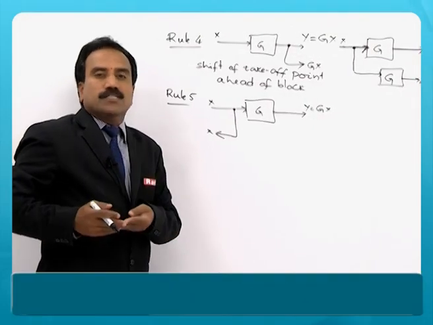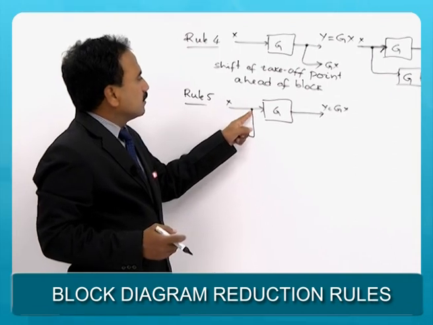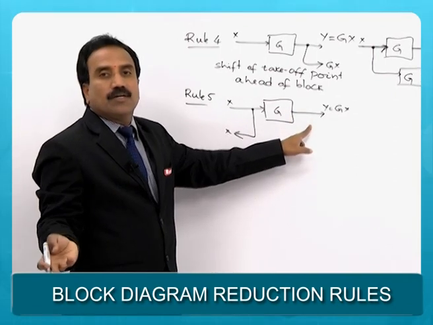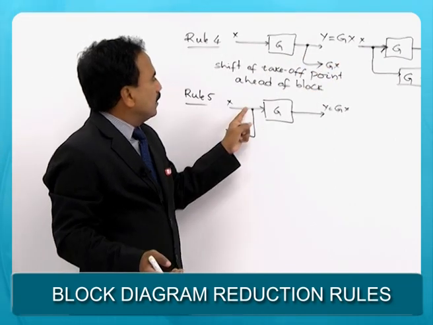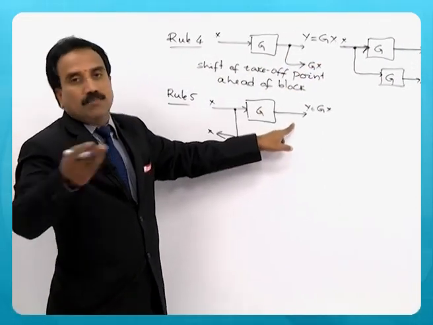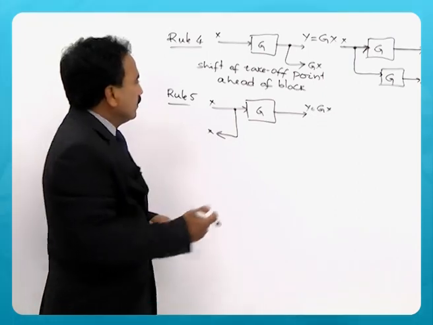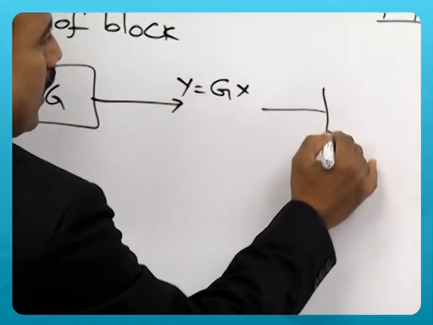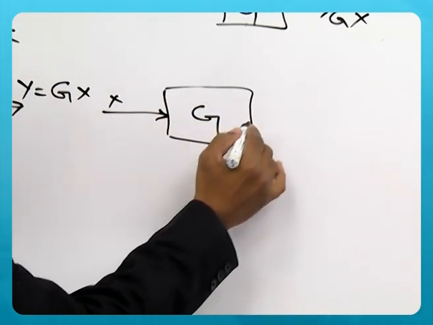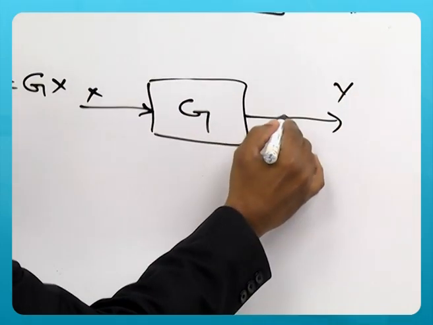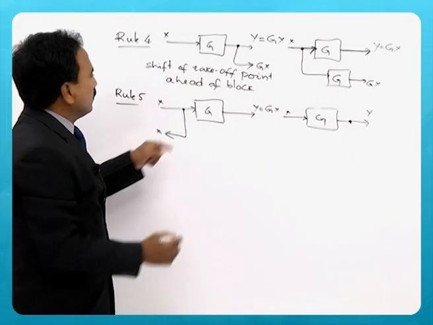But for my convenience, I want to shift this takeoff point to after a block. This is ahead of a block. Now I want to shift this to after a block. What will happen? So the diagram now looks like this, G, X and then Y, but I want to have a takeoff point from here.